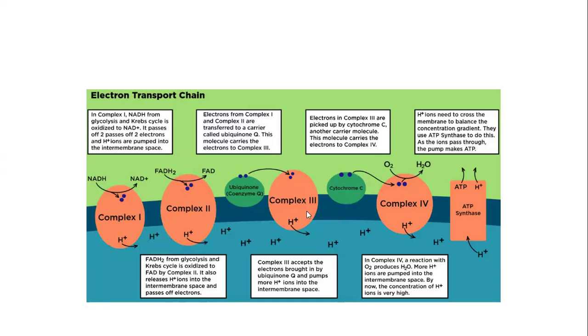If you then want to look at these complexes one by one, you realize that, for example, in complex 1, there's a molecule called FMN, or better known as flavin mononucleotide. That flavin mononucleotide in complex 1 is the one that accepts the electrons coming from NADH.